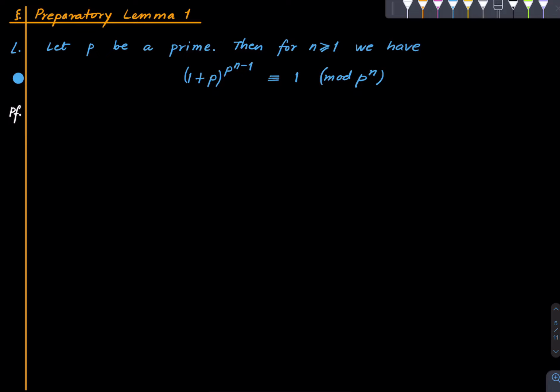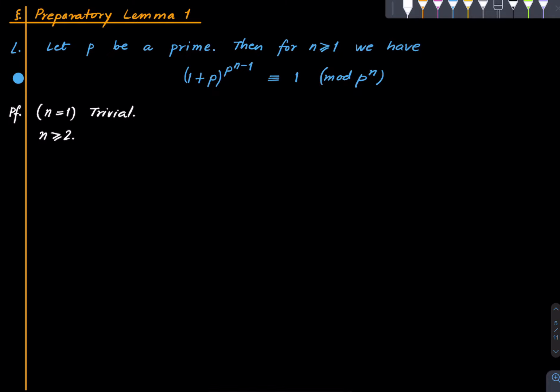So for n equals 1, this is trivial, because the exponent becomes 1. For n equals 1, all this is saying is that 1 plus p is congruent to 1 modulo p, which is true. So n equals 1 is trivial, so we will assume n is at least 2.